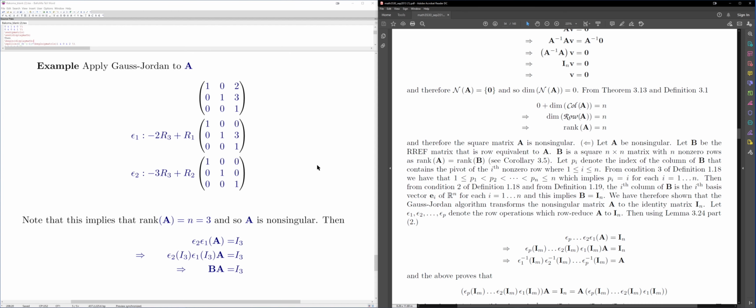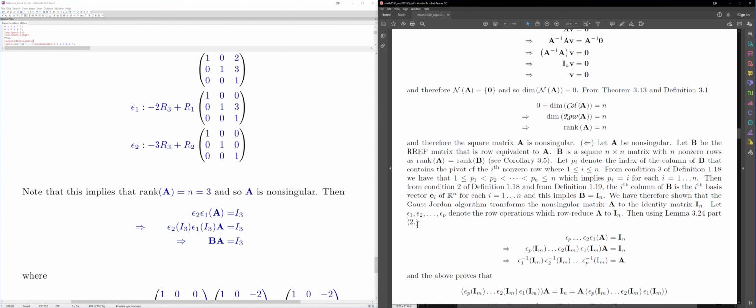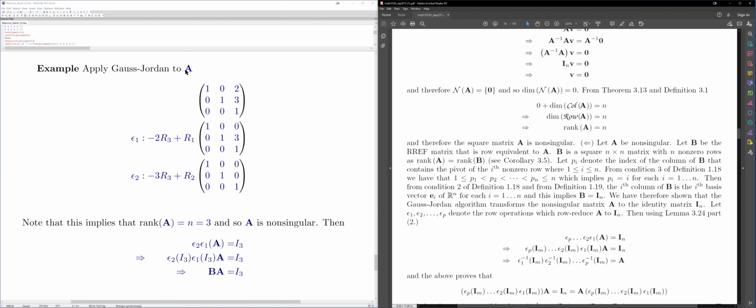Then you keep track of the row operations that take you from A to the identity matrix. In this case it's just two of them, epsilon 1 and epsilon 2.